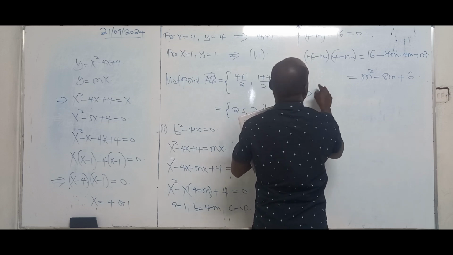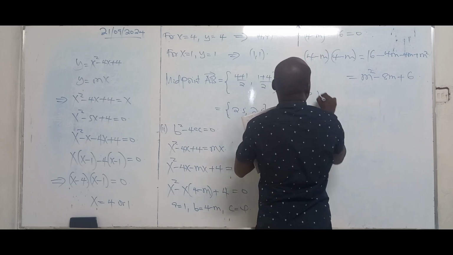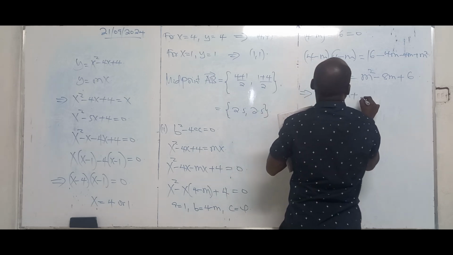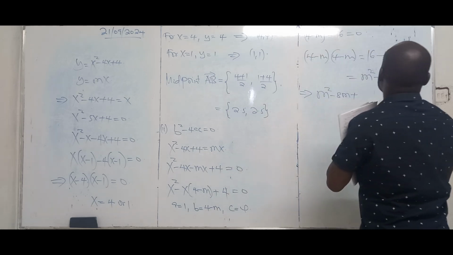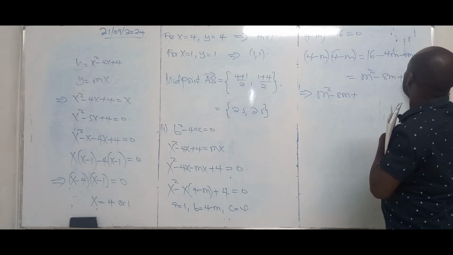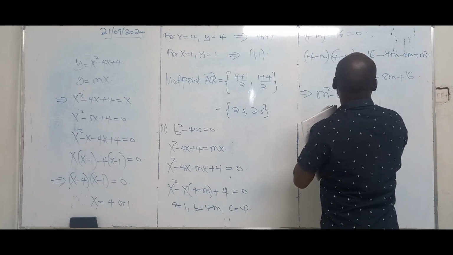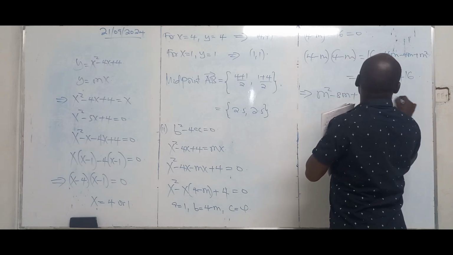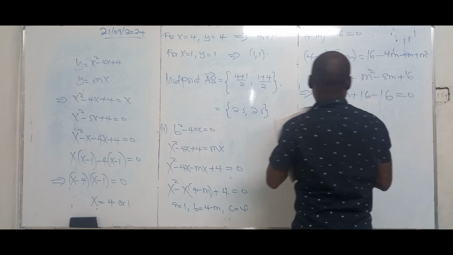Then we have m squared minus 8m plus 16 minus 16 is equal to 0.